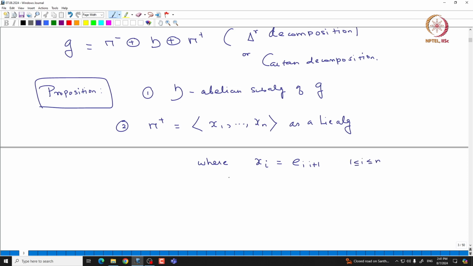So, these x_i's are called Chevalley generators.